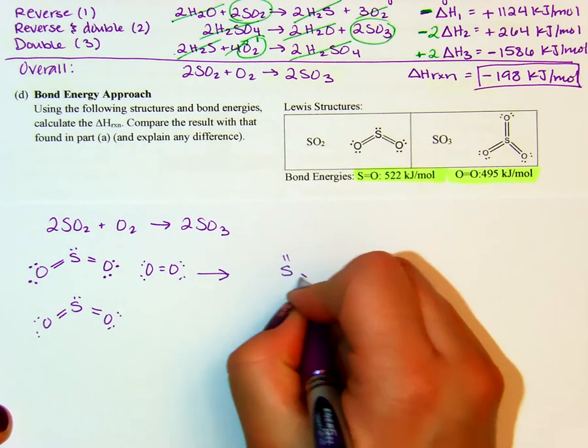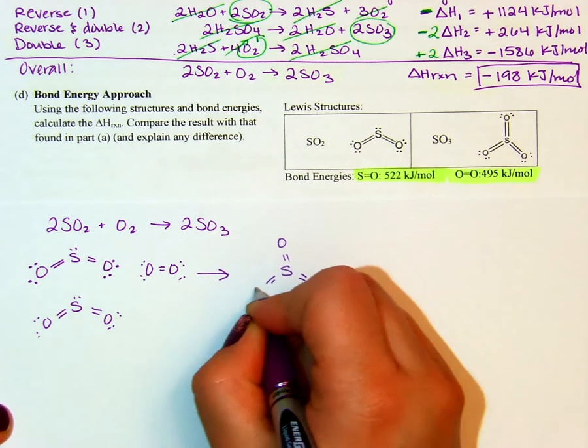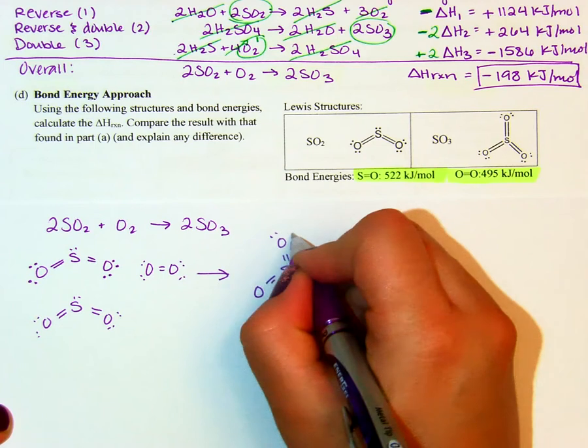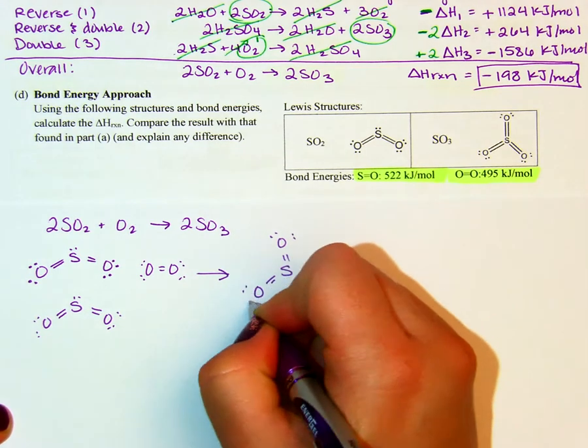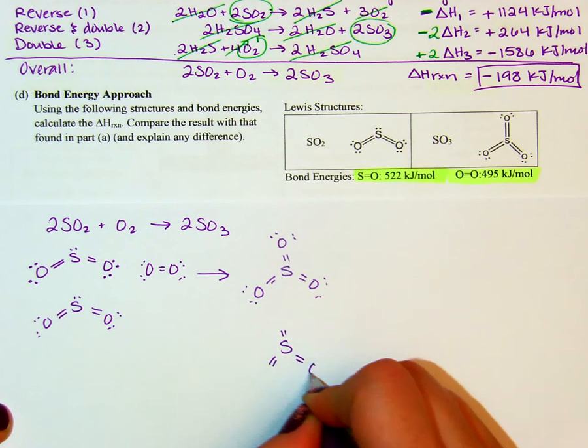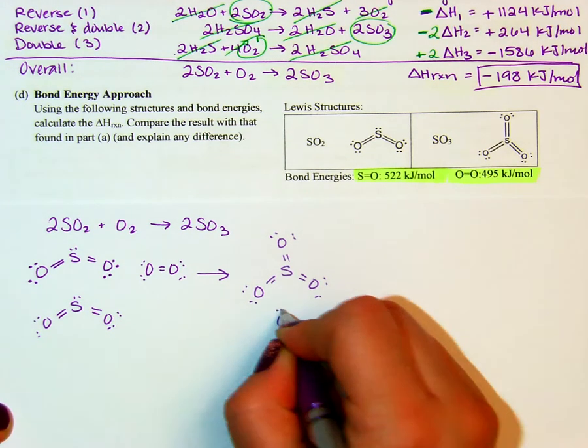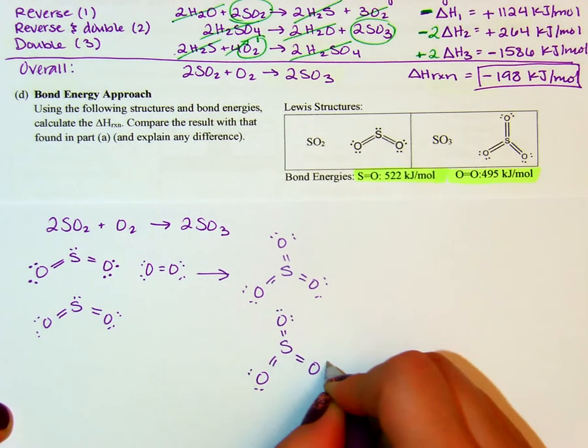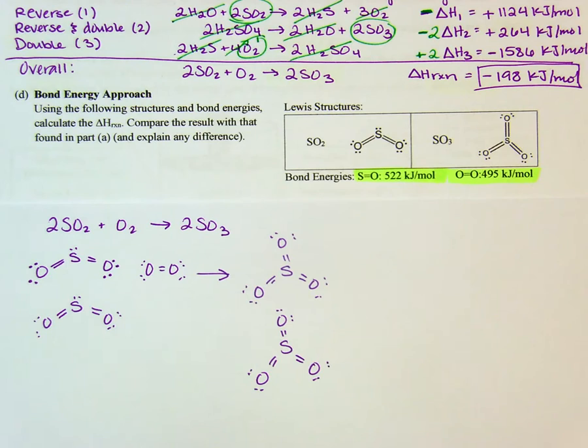SO3. And we have 2 of them. Okay, so now we have to figure out how many bonds we're breaking and how many bonds we are forming. So I'm going to start with breaking bonds.